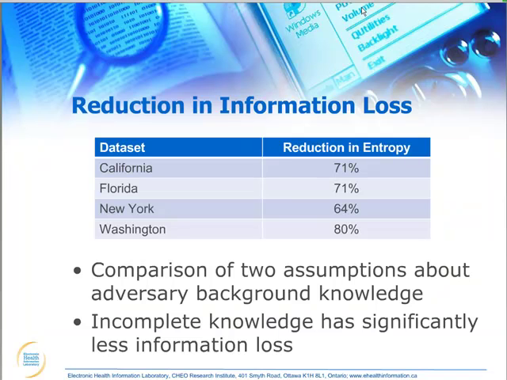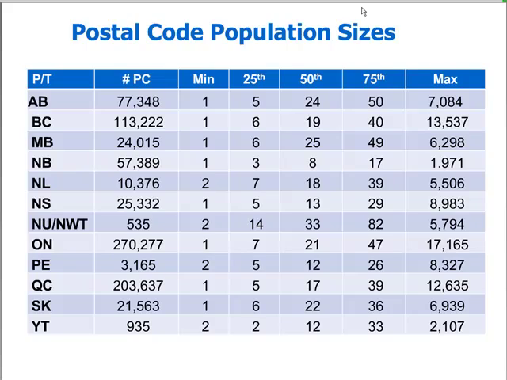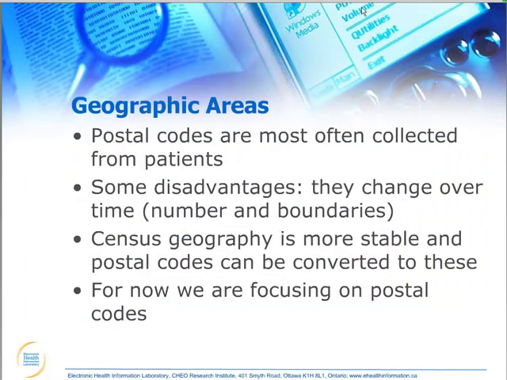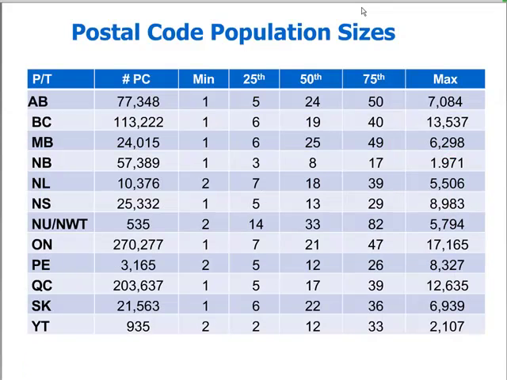They're not very large, although as you can see, the maximum population size for postal codes can be quite large, going up to as high as 17,000 for a postal code in Ontario. But by and large, the median value is quite small. In urban areas, they tend to be very small. They're much larger in rural areas.